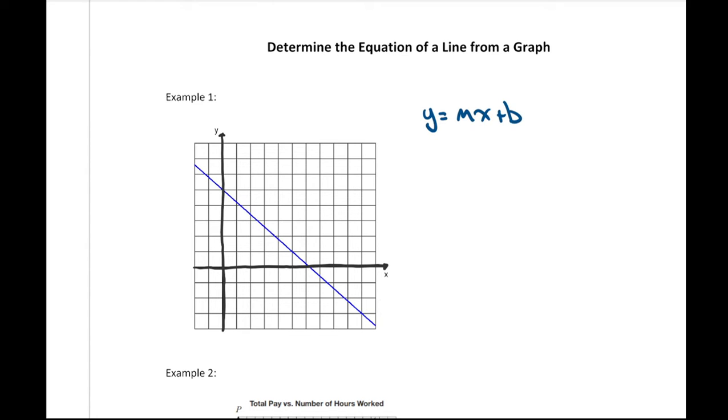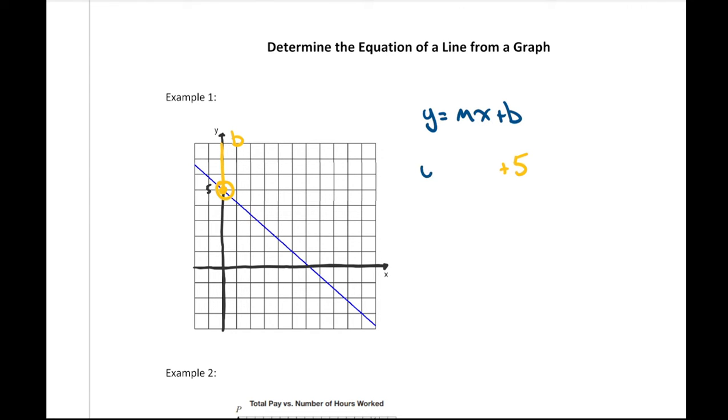Anytime I'm trying to find the equation of a line or a rule, this is generally the format it should take. When I look at my graph, the first thing I should be able to find is my b value. We go down our y-axis, and where our line crosses is our b value. If I look at my scale, 1, 2, 3, 4, 5, my b value is positive 5.